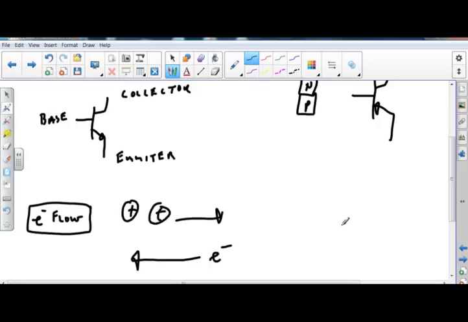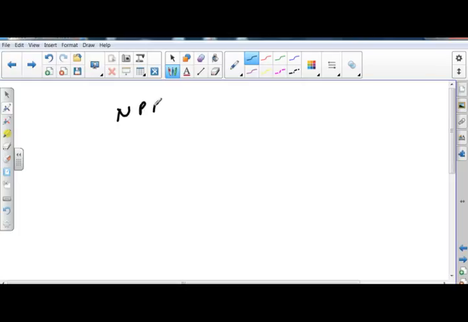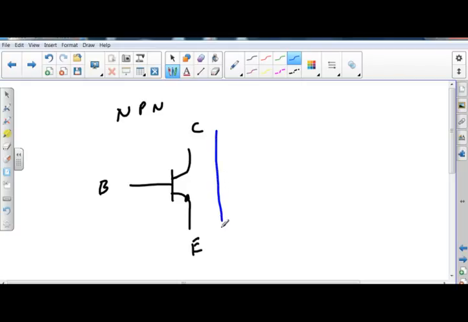All right, so when we think about this NPN transistor, we've got a thingy here that looks sort of like a diode. We have a collector, a base, and an emitter. And if there's going to be current flow, it's going to be that way.